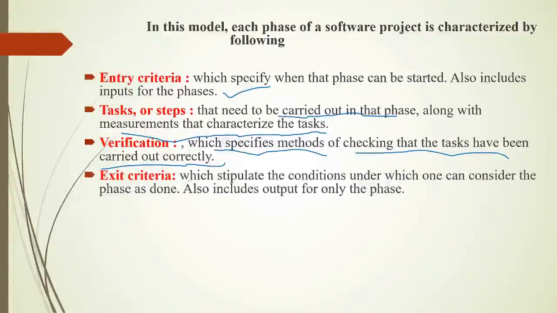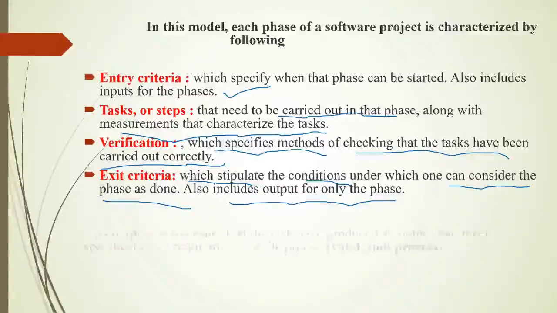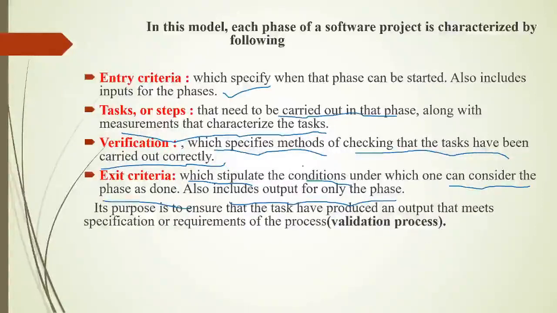Next, exit criteria, which stipulates the conditions under which one can consider the phase done, and also includes output for the phase. The exit criteria's purpose is to ensure that tasks have produced an output that meets the specification or expectation of the process, and that we call the validation process in the exit criteria.